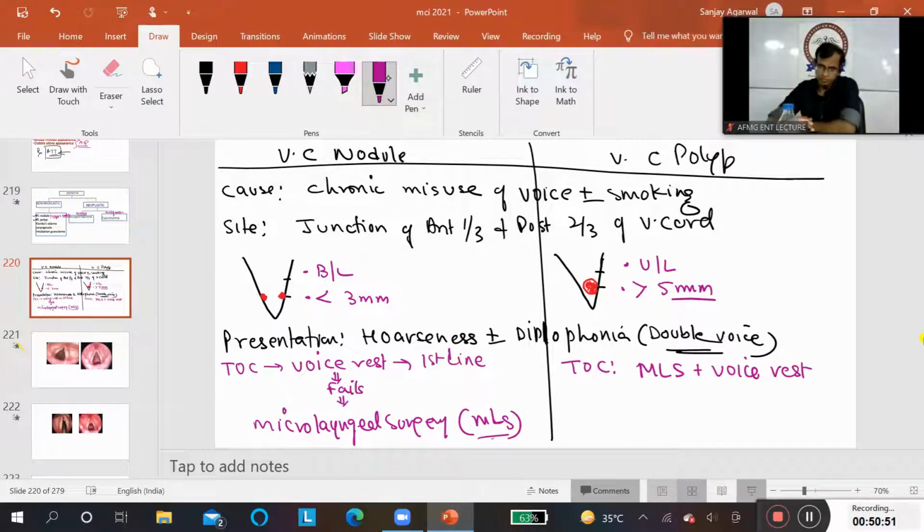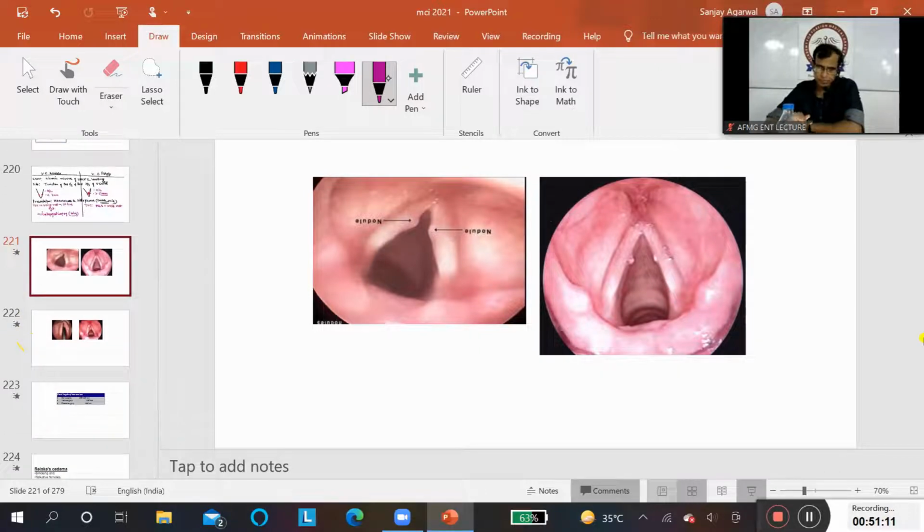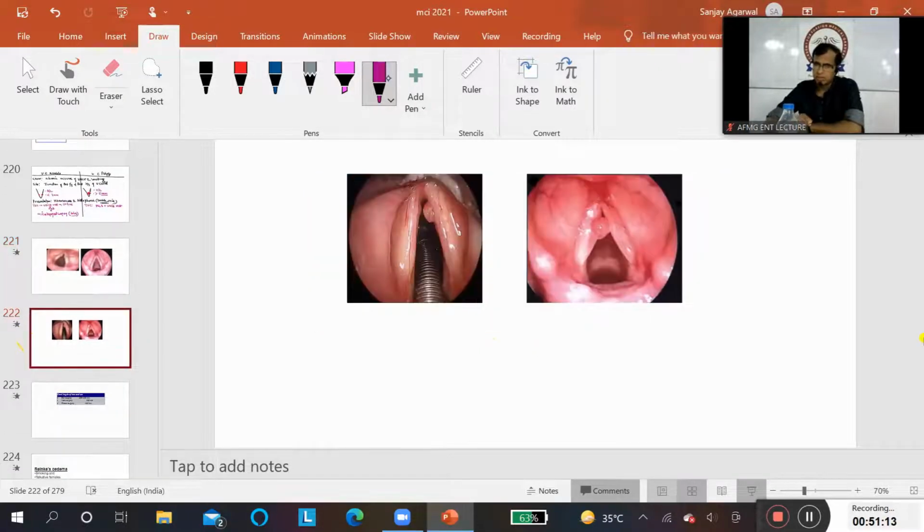Not very difficult. This is nodule. You will see it at the junction of anterior 1/3 and posterior 2/3. A very tiny little thing. Compare this with polyp, which I'll show next. This is polyp.